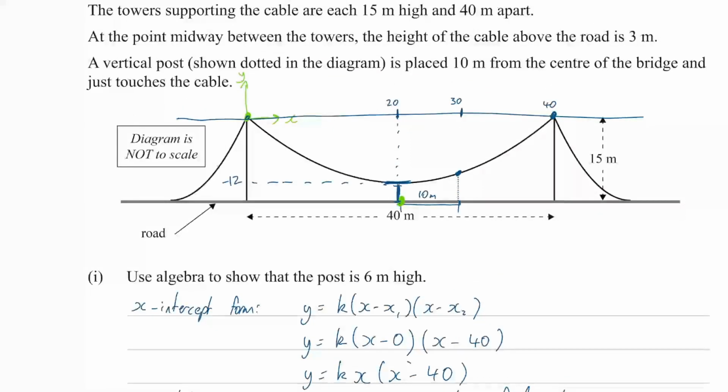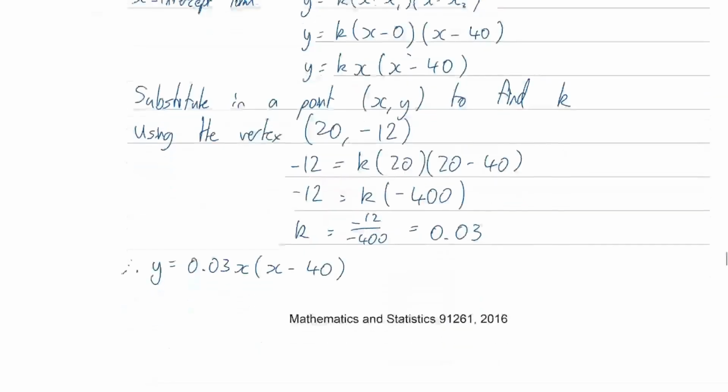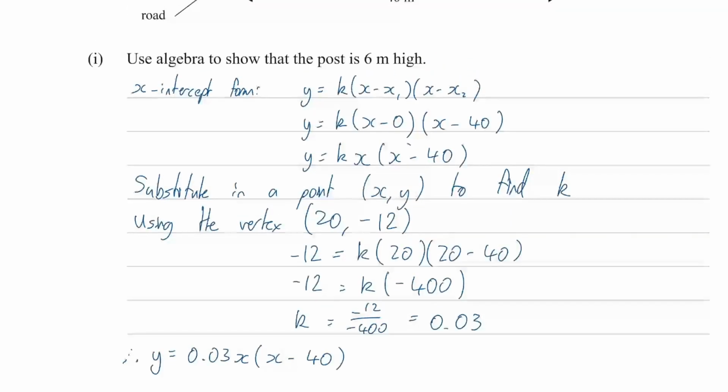And now to answer the question, we need to show that this post is 6 meters high. To do that, we could work out this y value when x equals 30, by putting that into our formula. Then the difference between 15 and that should be 6. I'm really running out of room, but I've elaborated on what I'm doing.